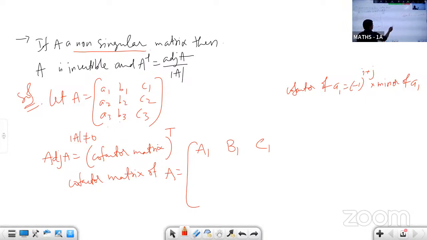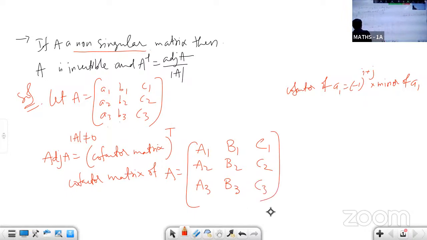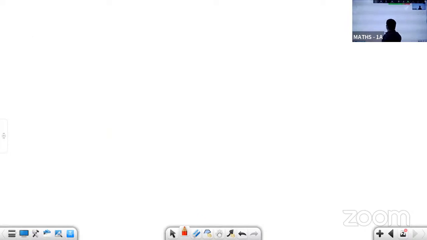Okay. So A1, B1, C1, and for small a2 the cofactor is, let it be A2, B2, C2, A3, B3, C3. This is the cofactor matrix. Now adjoint A means what I said? Cofactor matrix whole transpose. Is it clear? So your adjoint A is nothing but cofactor matrix whole transpose.